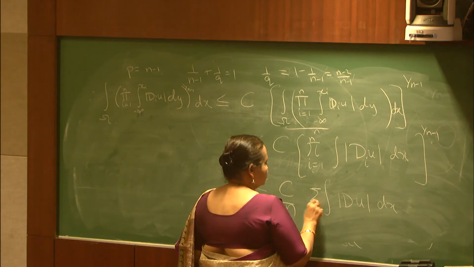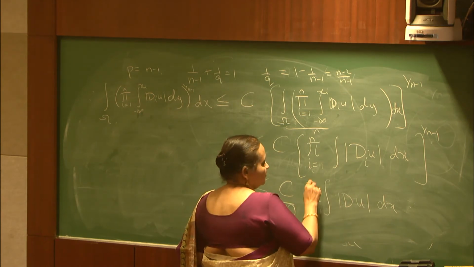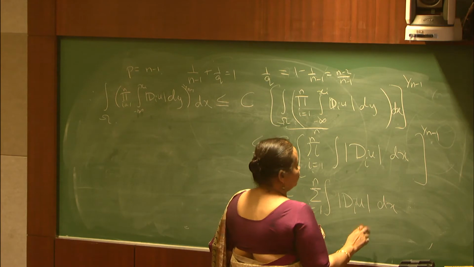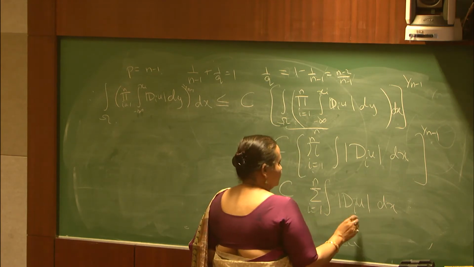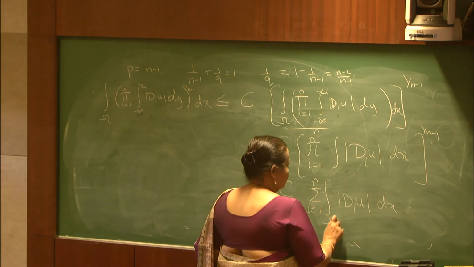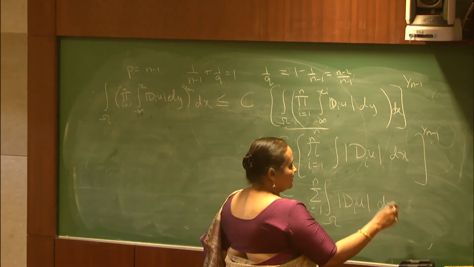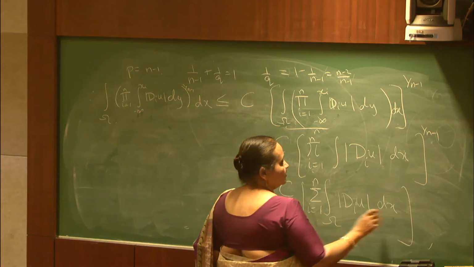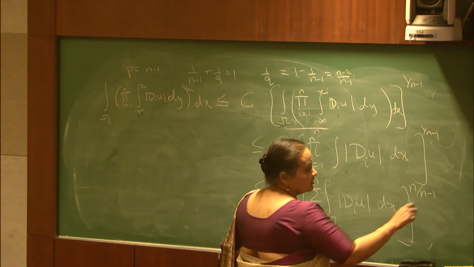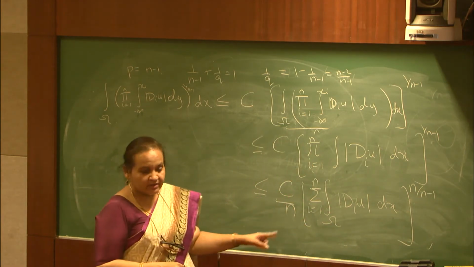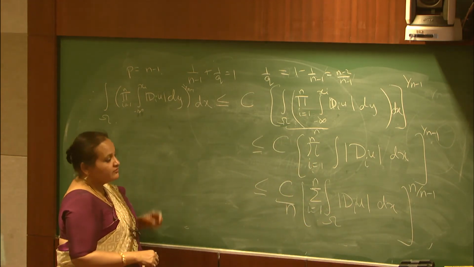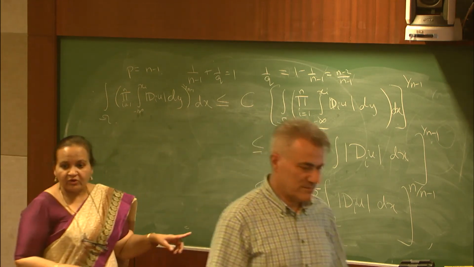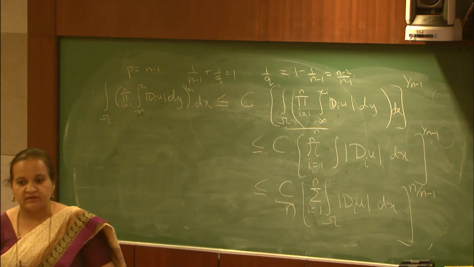So this is based on summation i goes from 1 to n di of u dx over omega, and you will have this is n upon n minus 1. So if you take it to the left hand side, you will get your L1 norm on the right hand side.